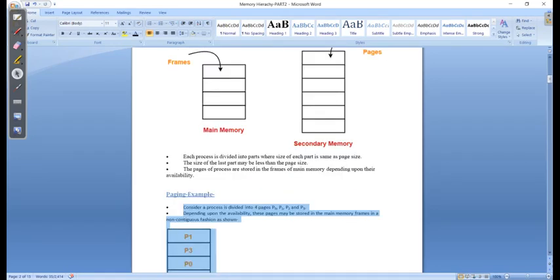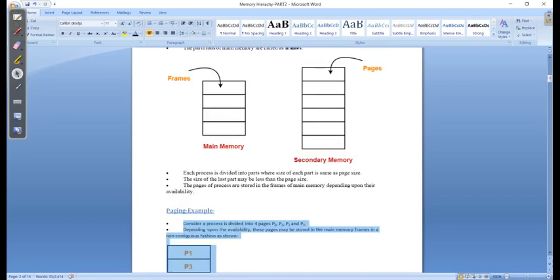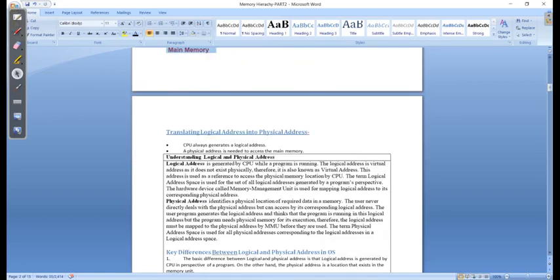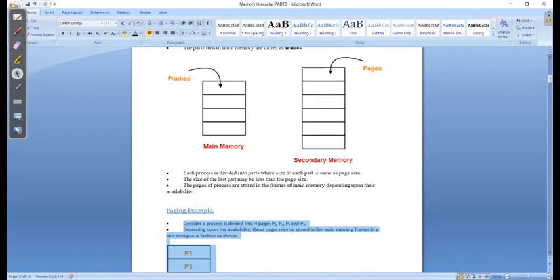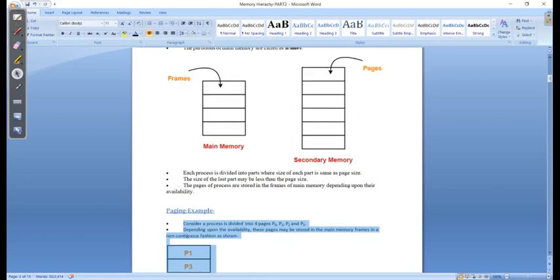These subparts are not real; they are virtual subdivisions stored in your secondary memory. Each and every subpart is loaded into the frames of main memory as pages.